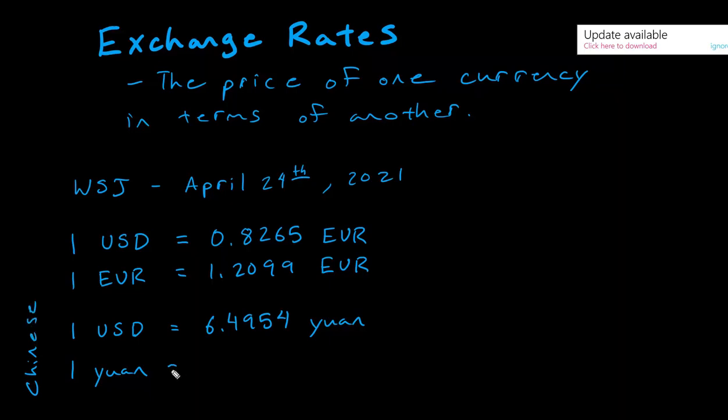A lot of these get used multiple times, so we want to be certain we're talking about the right one. For instance, there's a Canadian dollar, an Australian dollar, and so on. New Zealand also apparently uses the dollar. So these are some exchange rates. This is what they're going to look like, and they can be expressed either way: one U.S. dollar to however many euros, or one euro for however many dollars.